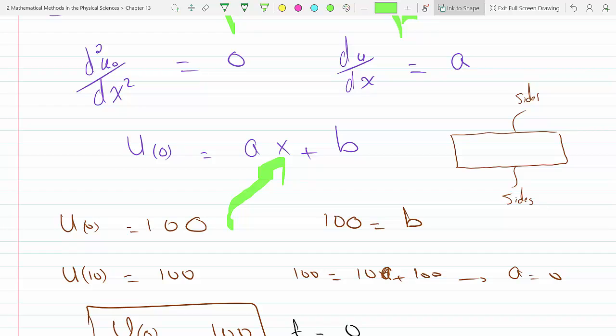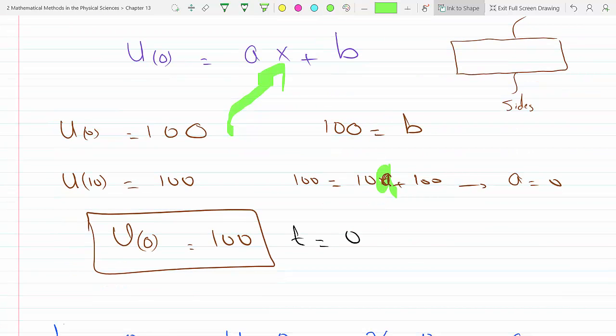So u of 10 equals 100. You also plug it into the same equation, you get 100 equals 10a, sorry, this is 10a plus 100, and you solve for a, you get a equals 0.